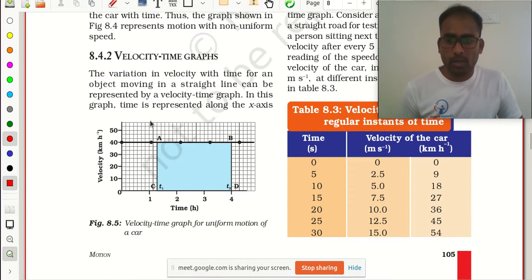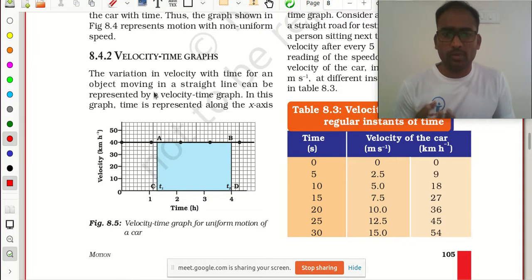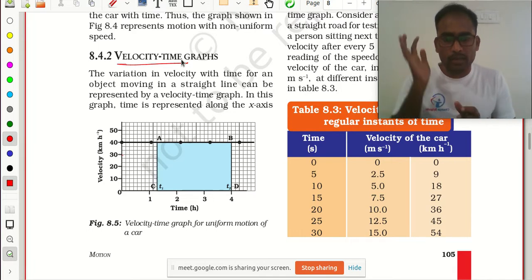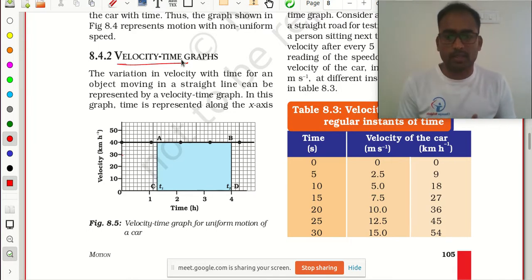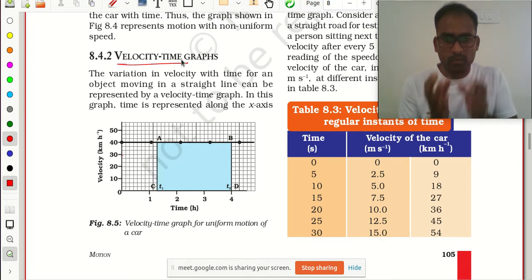Okay. Now we will understand the velocity and time graphs. Now the variation of velocity. See here, velocity and time graph. Velocity will be on one axis and time on another axis. Now how is our velocity varying with respect to time? In the previous case we learned how distance varies with respect to time, which we represented in one graph.